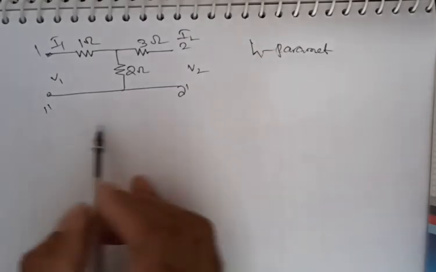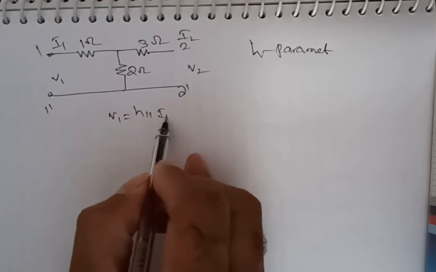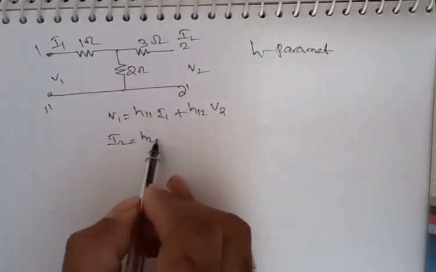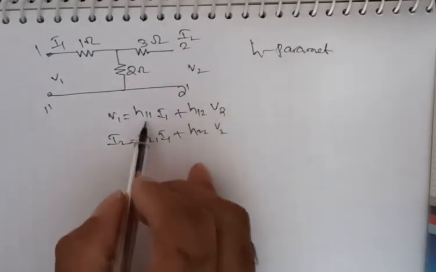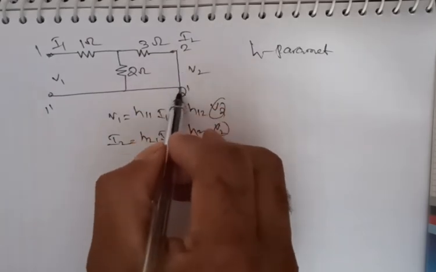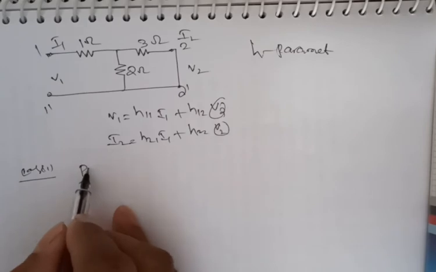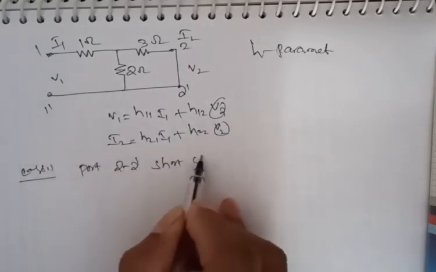We know the h parameter equations: V1 equals h11 I1 plus h12 V2, and I2 equals h21 I1 plus h22 V2. To get h11 and h21 we make V2 zero. What is the meaning of making V2 zero? Port 2-2' is short circuited. So in case 1 we make port 2-2' short circuit.